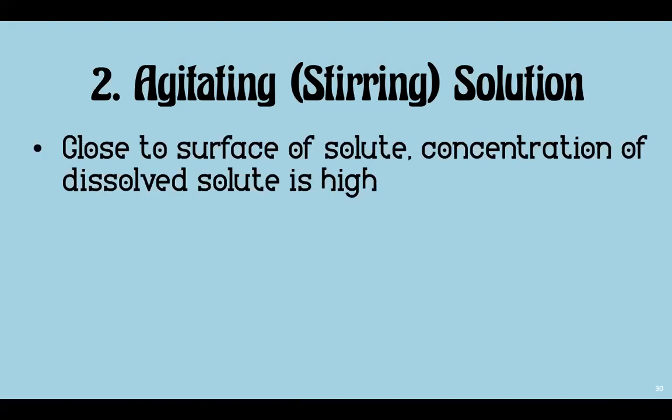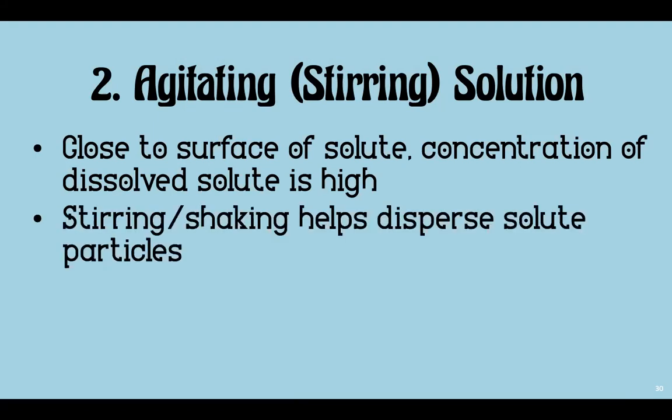Another way to increase the speed of dissolution is agitating the solution or stirring it. Again, because dissolution occurs at the point where you have the surface of the solute exposed to the solvent. So if you dump a whole bunch of sugar in a glass of water and you just let it sit there, it is going to dissolve more slowly than if you actually stir it, because by stirring it, you're exposing more solute to the solvent, and you're going to have a higher rate of dissolving.